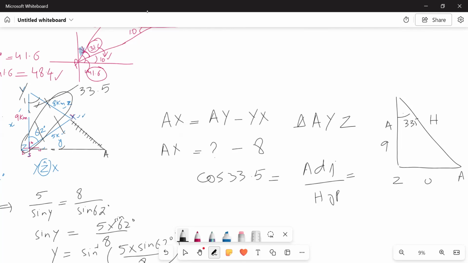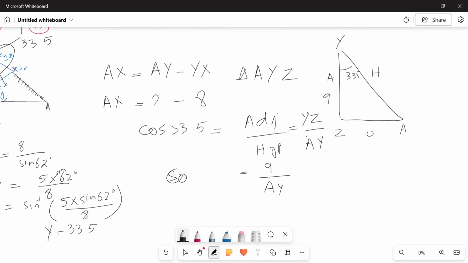Now, what is adjacent? Adjacent is YZ and hypotenuse is YA. The YZ value we know is 9, and the AY value we can find by cross multiplication.